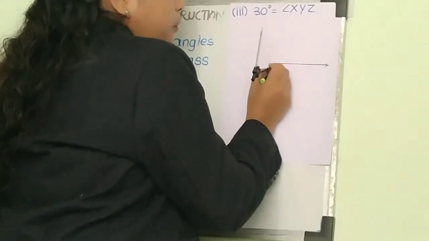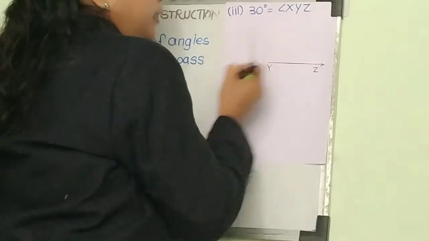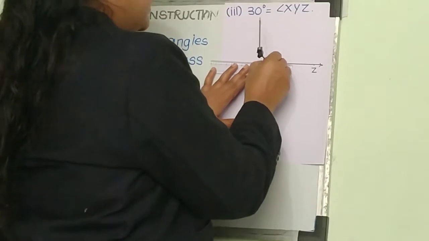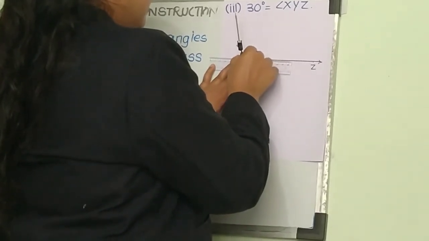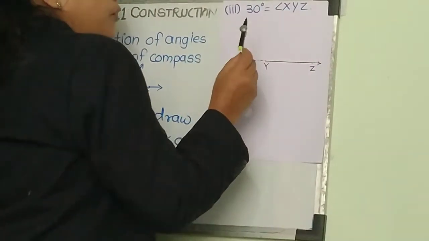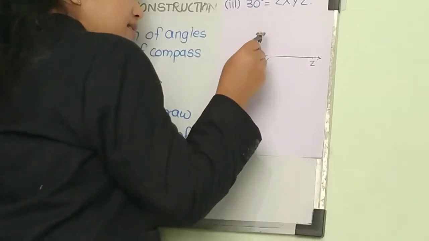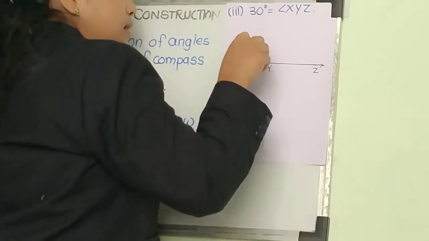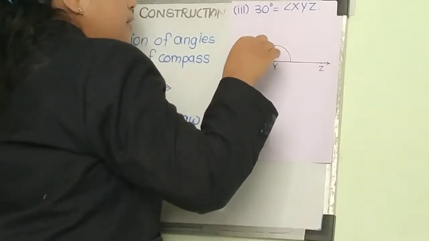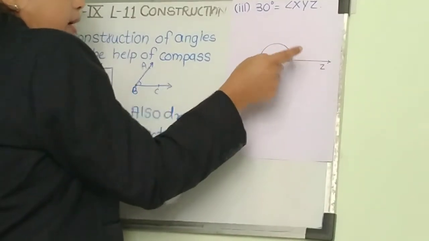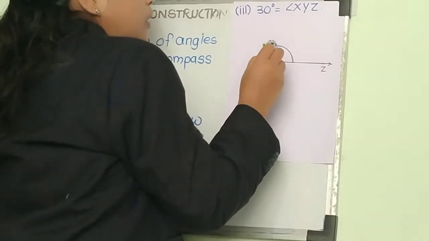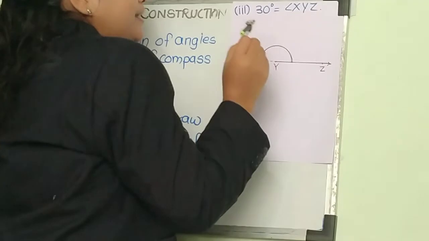So here we can write points Y and Z. From Y on the left hand side we are going to extend the given ray. Then we are going to take Y as a center and draw the semicircle with a fixed length, or we can say a fixed radius. So from point Y we draw the semicircle with fixed length.